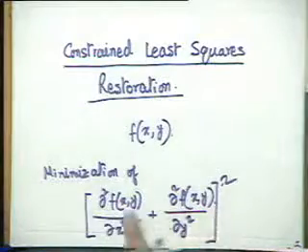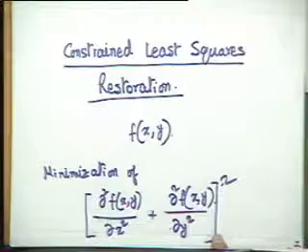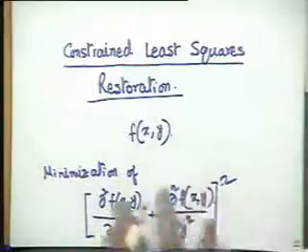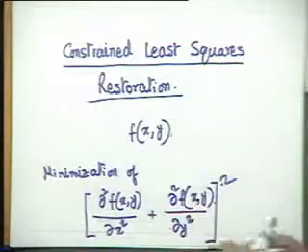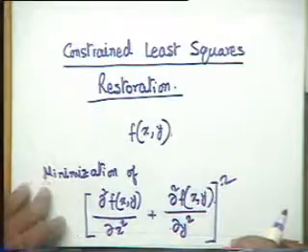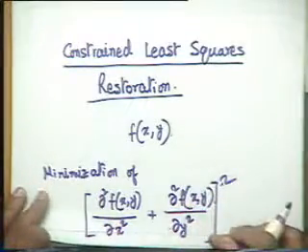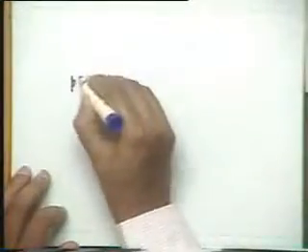Now, we have already seen how to implement a second derivative operator while we were discussing high-pass filtering, and especially the Laplacian operator. There we had seen that the computation of the second derivative in the x direction and in the y direction can be done if we convolve the image f(x,y) with another function p(x,y), which is given as follows.